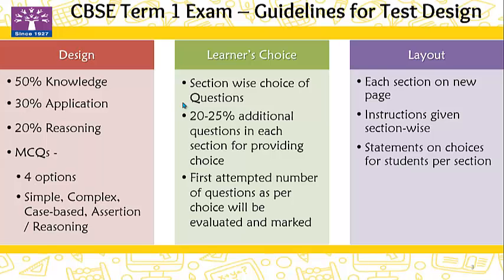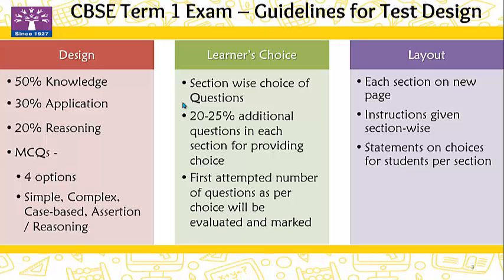Additional questions will be provided so students can make an intelligent choice. The first attempted number of questions as per choice will be evaluated and marked. For example, if the student has to attempt only 16 out of the 20 questions given, then the first 16 questions will be assessed and marked.